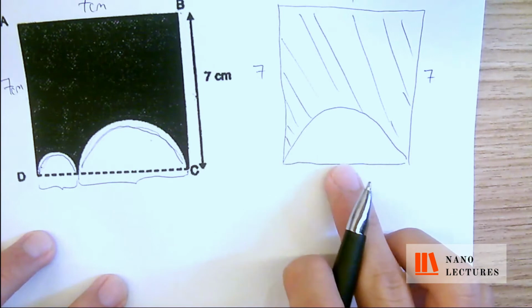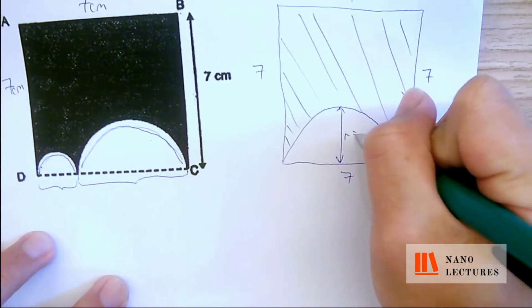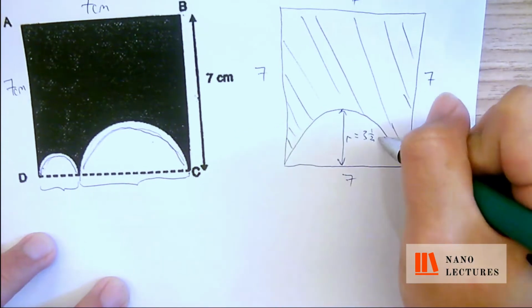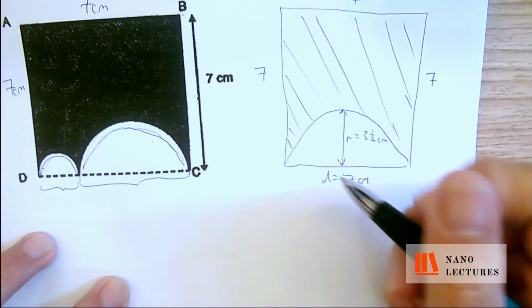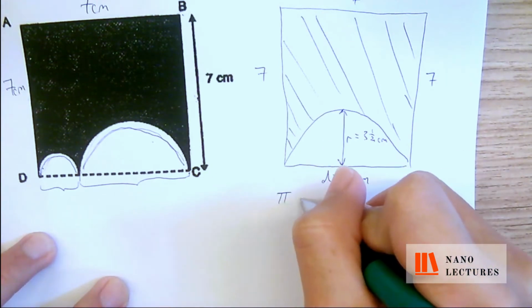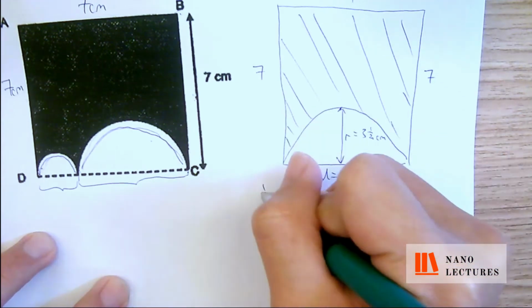Now, let's talk about this instead. If this is the diameter, then this must be the radius, right? So radius will be 3.5 cm, because the diameter is 7 cm. Now, using the formula pi d for the circumference, and because this is a semicircle, it will be half pi d.